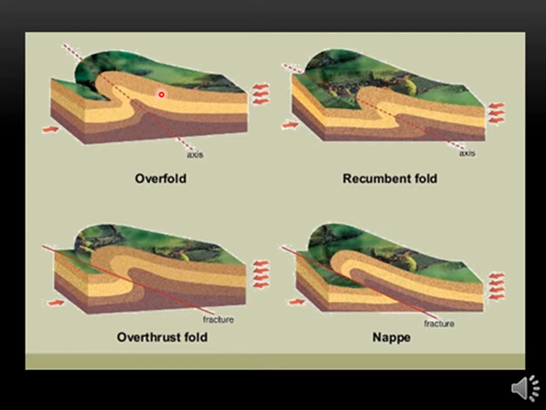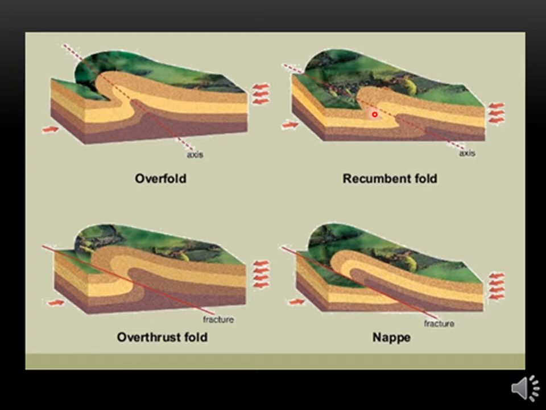Over time, the overfold will become a recumbent fold. This happens when the axis of the fold becomes almost horizontal. This is the axis, and it is almost horizontal because there is 3 times bigger force than on this side. So this will push this one limb and the axis will become almost horizontal.